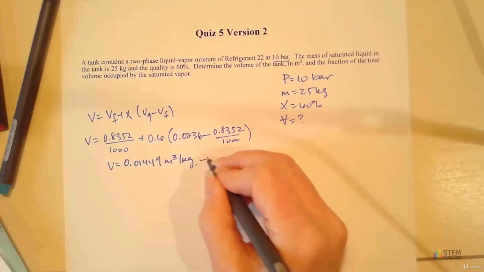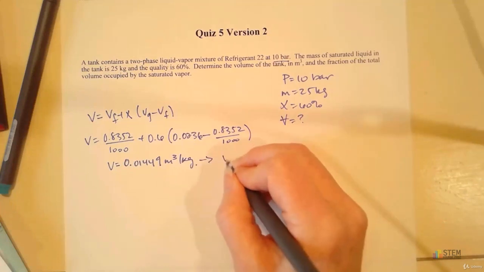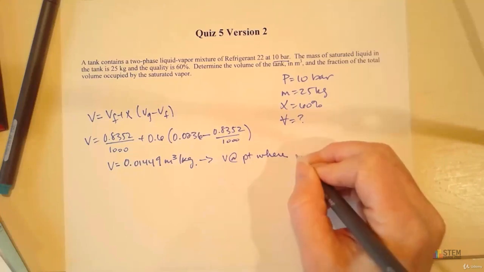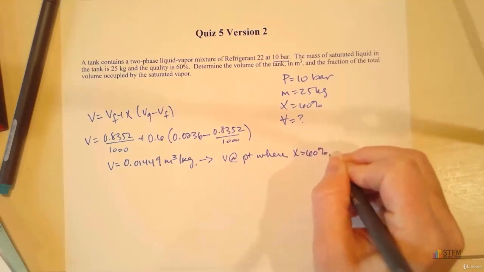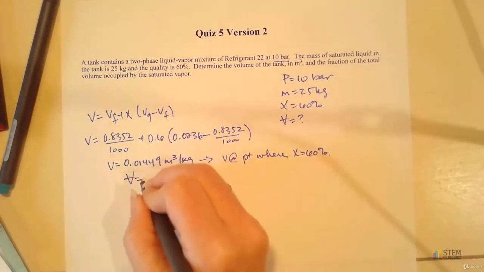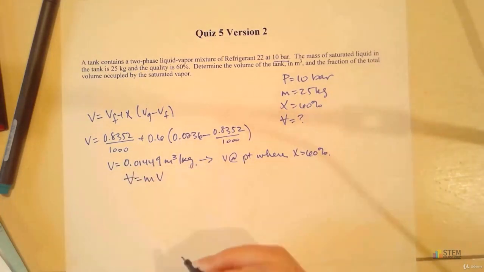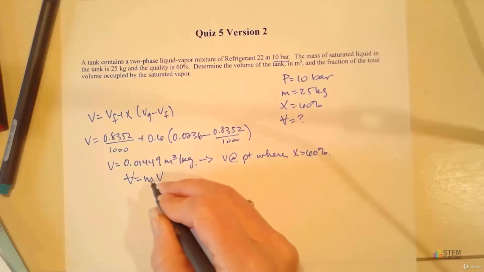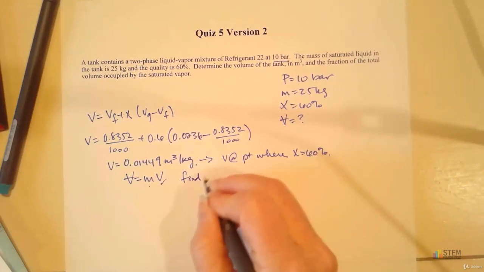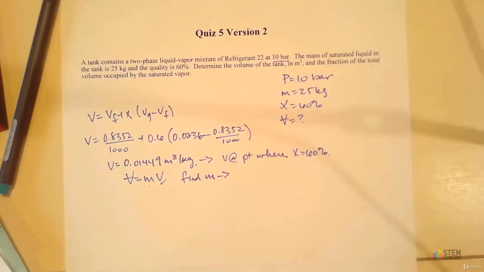Now remember, this is your specific volume at the point where your quality is 60%. Now, we want to find regular volume, so we're going to have volume equals mass times specific volume. Since we already have the specific volume, we need to have mass. So let's find mass next.